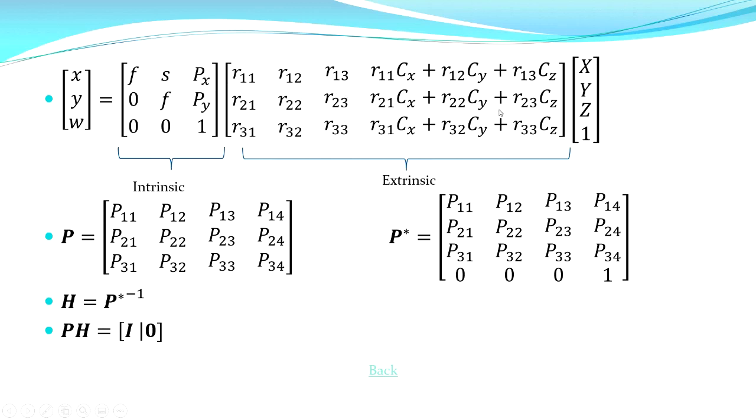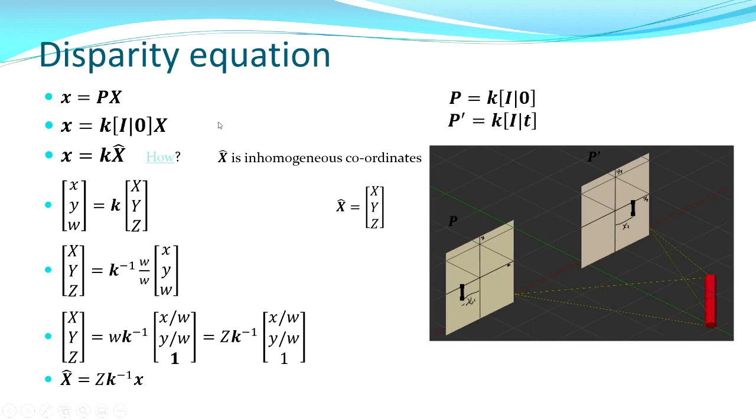And since all these entries are 0, the 1 will go off. So after multiplication of these two things, we are going to get only x, y and z. That is what I call my inhomogeneous coordinates for the 3D world.